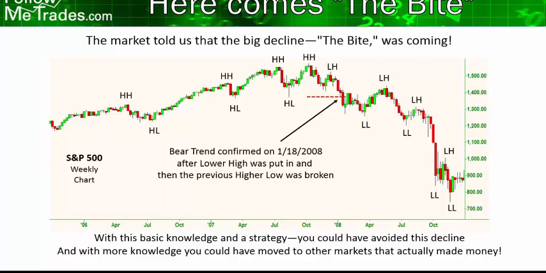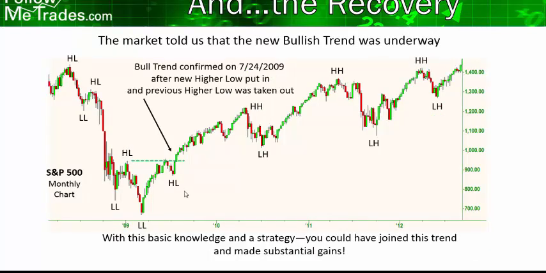And in 2009, at the end of the decline, same rules apply. We had lower lows, lower highs, all being put in, and then that pattern was broken. Here on July 24th of 2009, we broke through a previous higher low and established a pattern going up.